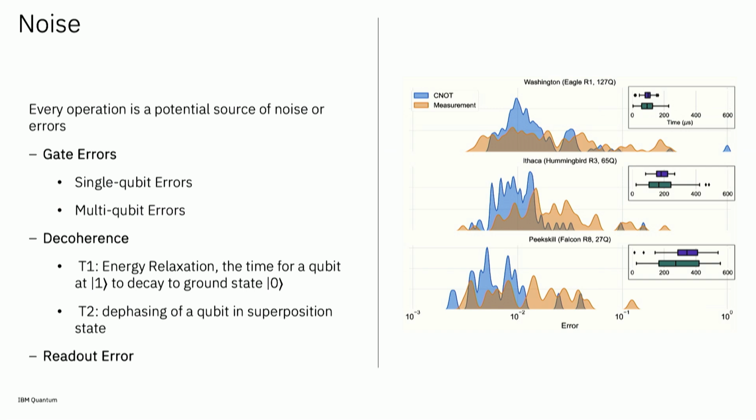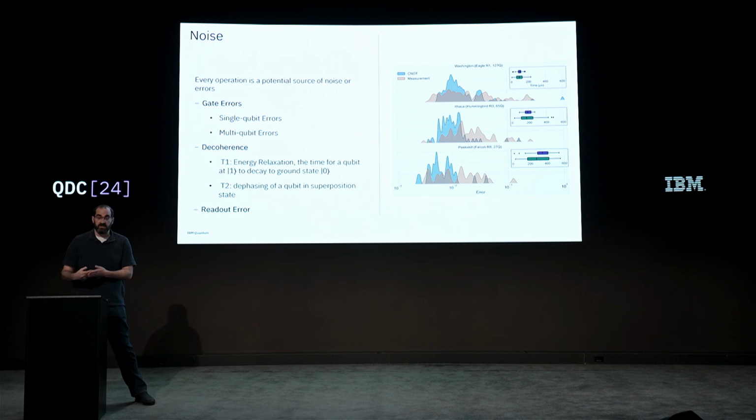So you have T1 and T2 times that represent that. And then you also have readout errors, errors when you're taking a measurement. So the measurement might not be the actual state. And so you can see they're also very variable, the error rates between all of these things. And the compiler's job is to try to optimize your circuit, accounting for this noise so that you get the best signal out. And we'll look in some more detail at how Qiskit does this in a little while.